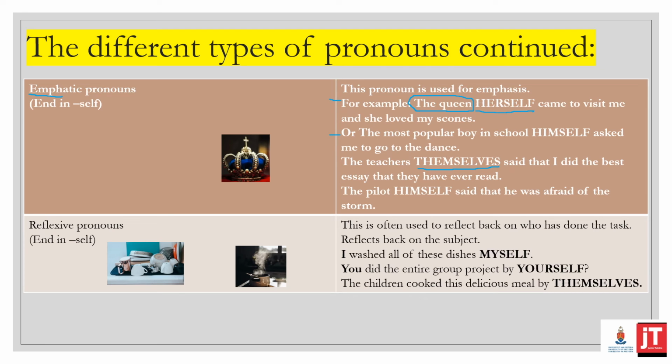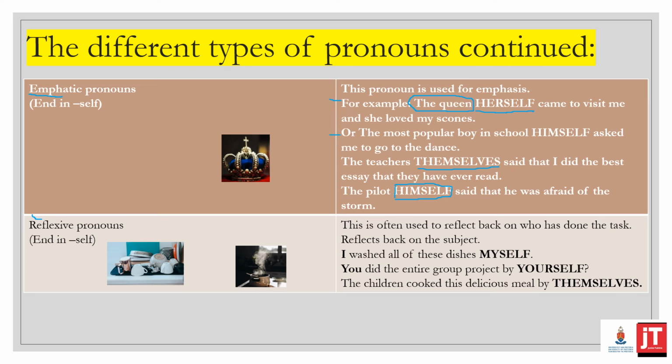So it's emphasizing that we are in danger here because the pilot himself said that he was scared. So it emphasizes that noun. That noun is very important in the sentence, and it's used to emphasize the importance of that person and why people should be listening.